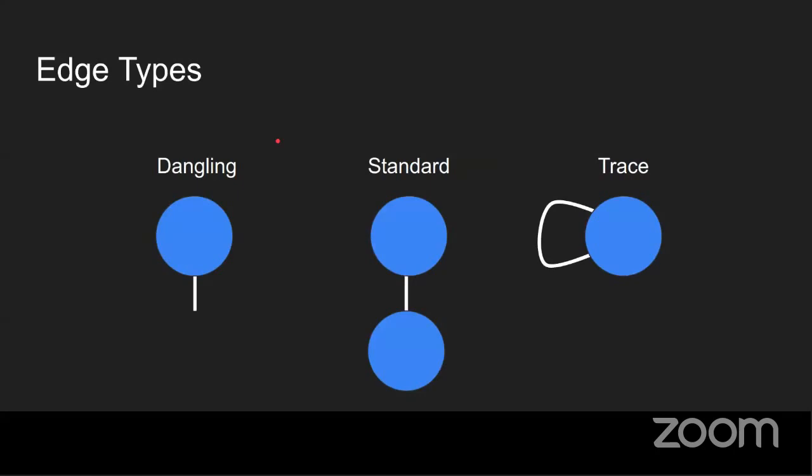Great. So before we go on, let me finish up some really basic terminology just so everybody is aware of the vocabulary that I'm using. A dangling edge is an edge where only one side of the edge is connected to a node, and the other side is just left free, or left dangling.